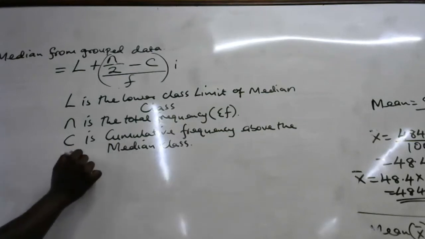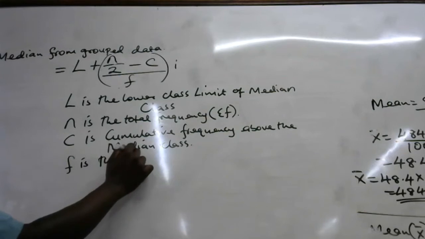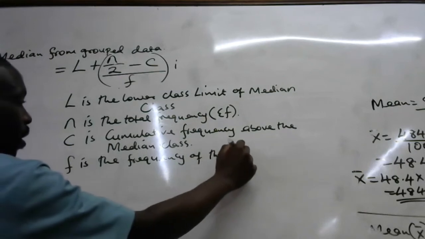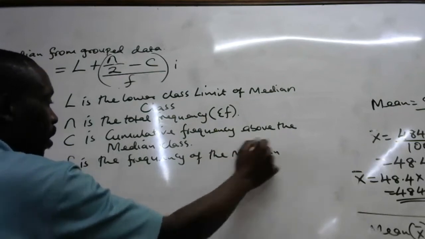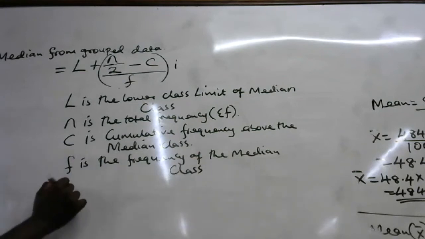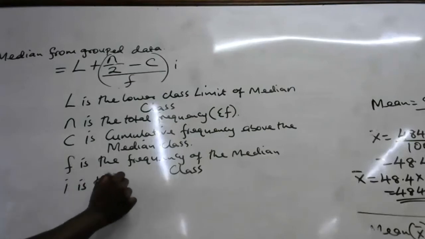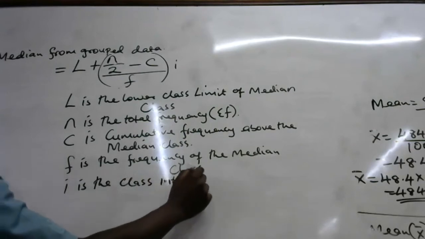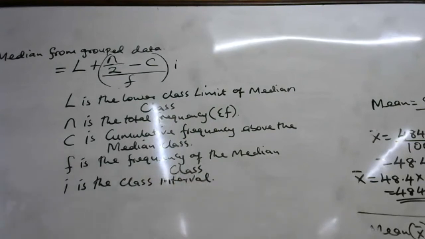F is the frequency of the median class, and lastly I is the class interval. So basically that is how we compute the median.